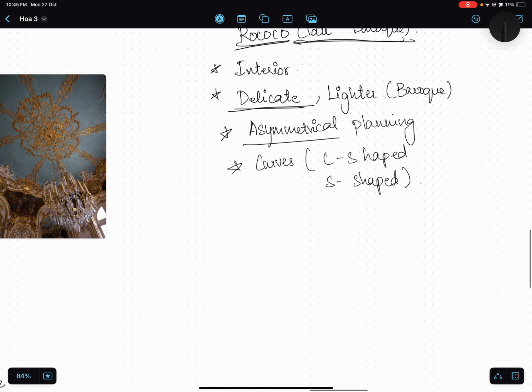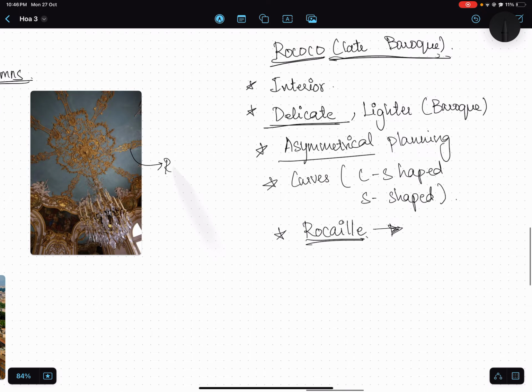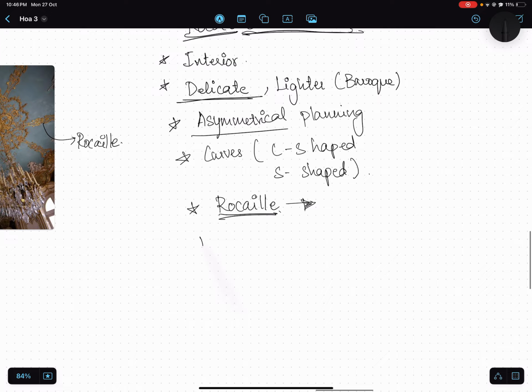There was also something called rocaille, which is an ornamentation style that is made using shells and pebbles. So this is a rocaille. And they also had something called grottos, which is an artificial cave filled with ornamentation again.